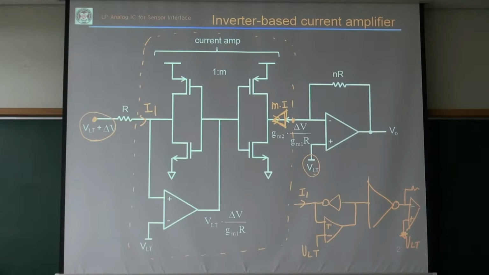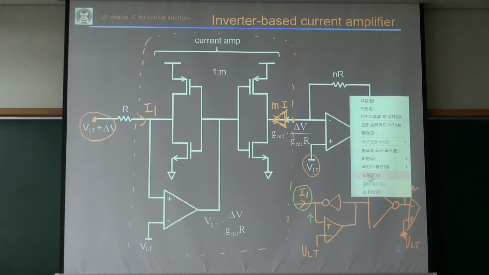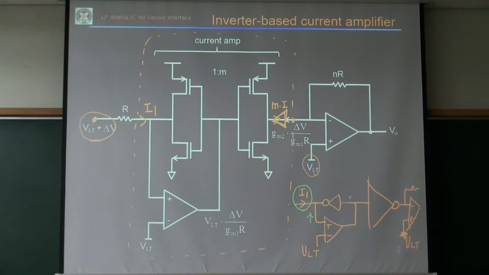If there is a current I1 flowing in there, then this voltage tries to increase, right? Because current flows in, this OTA reduces this voltage. Is it right? Let me see. No, it increases, because this rising voltage is connected to the positive input node.